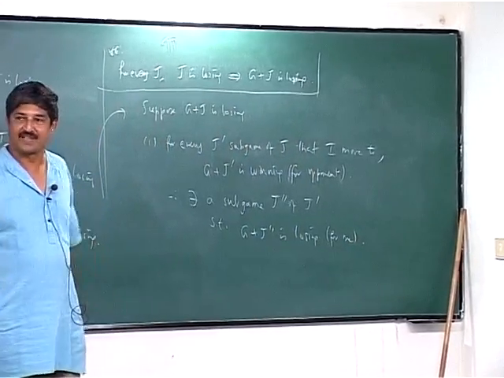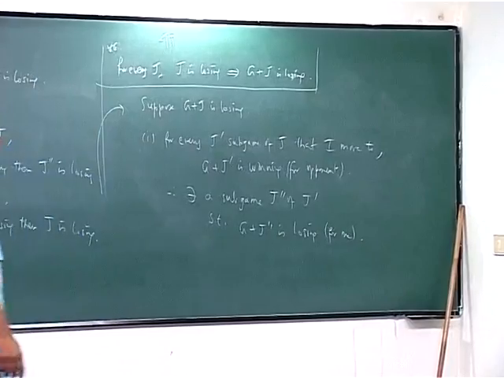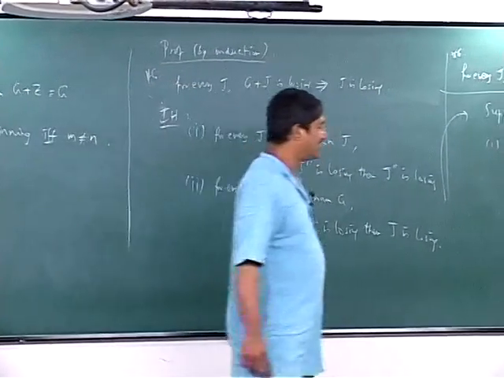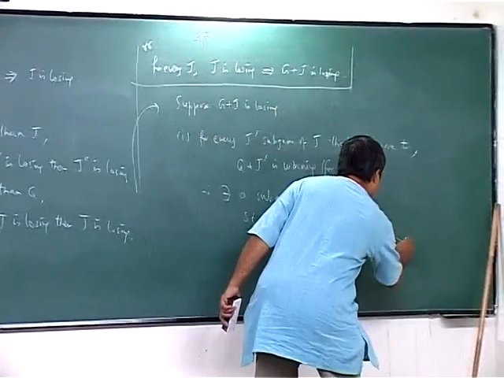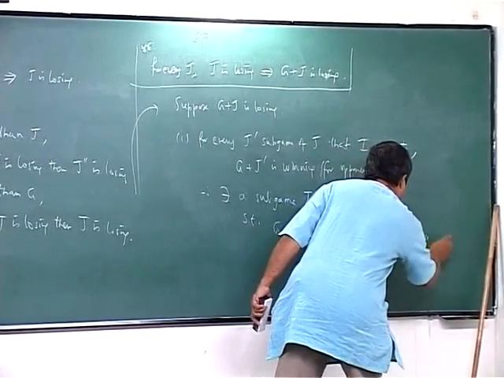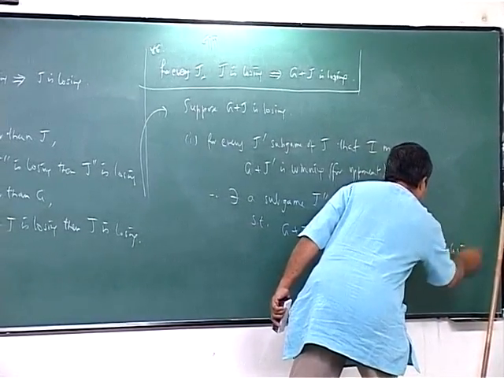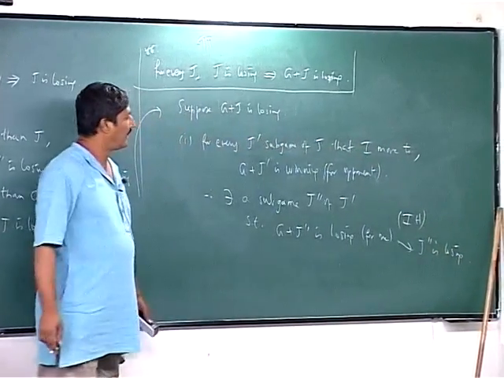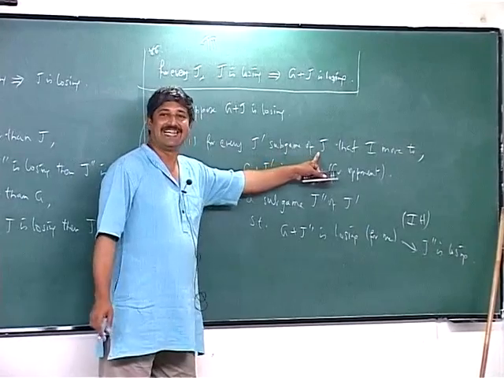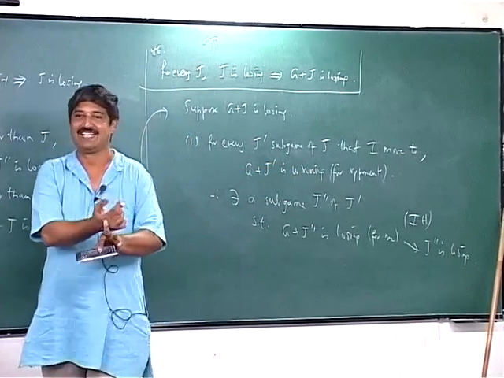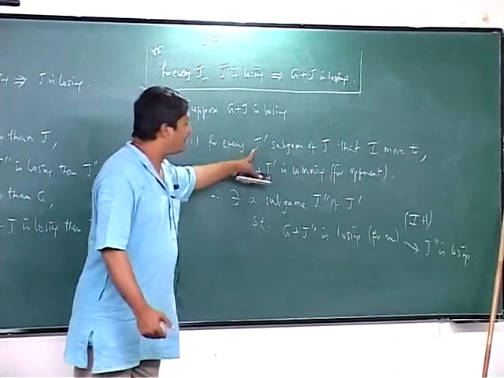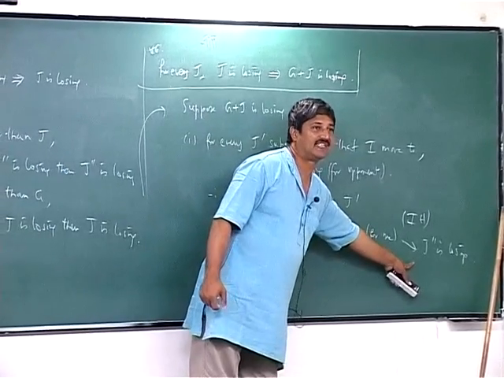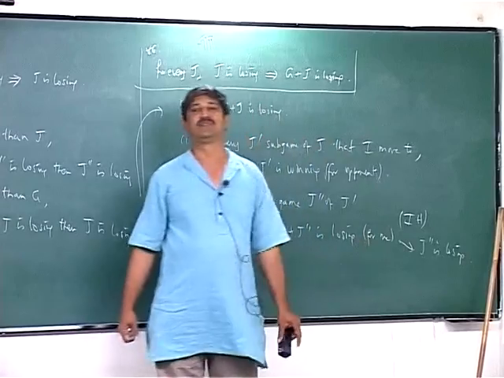But now my induction hypothesis tells me, in this case, that J double prime is losing. Now what have we got here? In the game J, every subgame J prime is such that there is an option J double prime which is losing.